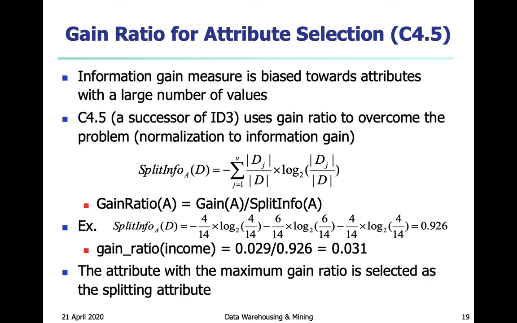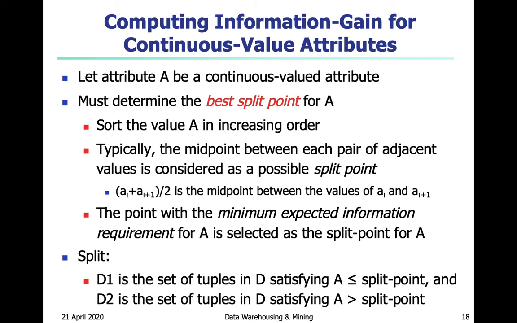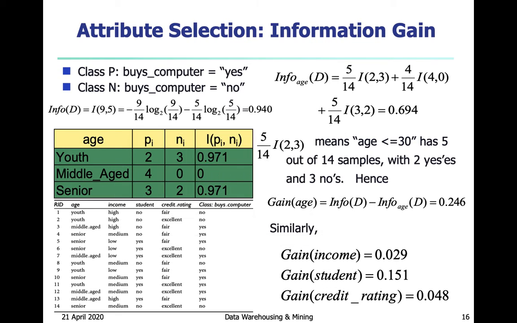Suppose you consider that same attribute, income. So what are the values of income? There are three partitions: low, medium, and high.